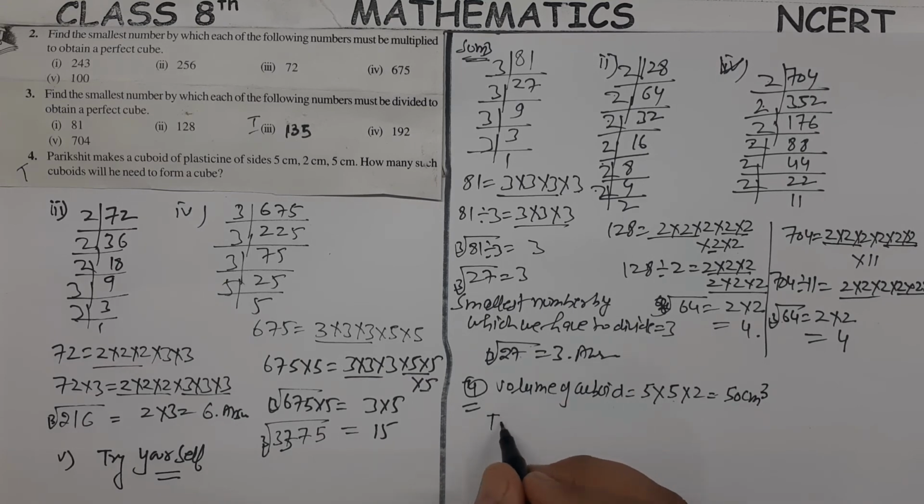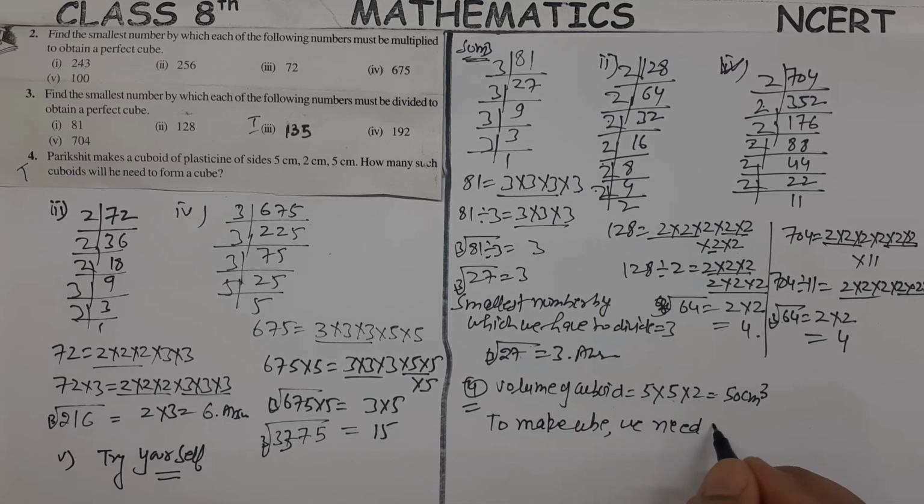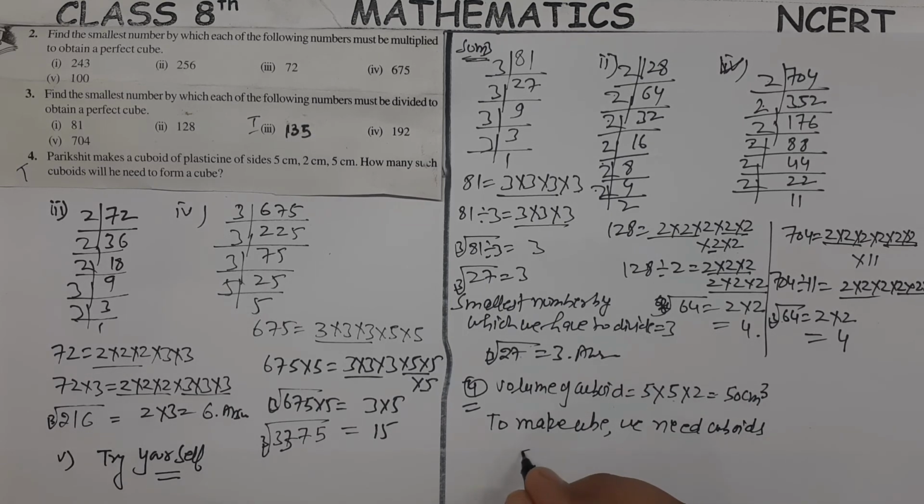To make it a cube, we need cuboids. How? 50 is equal to 5 into 5 into 2. 5 is not in a triplet, 2 is also not in a triplet. That's why we need one more 5.